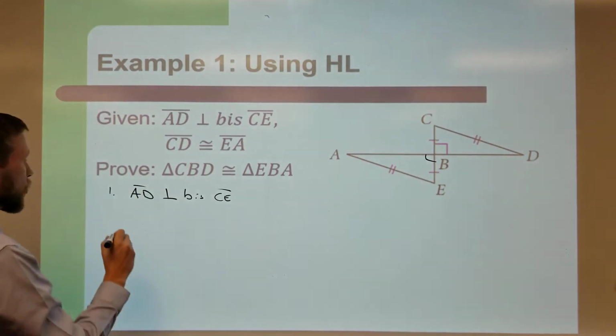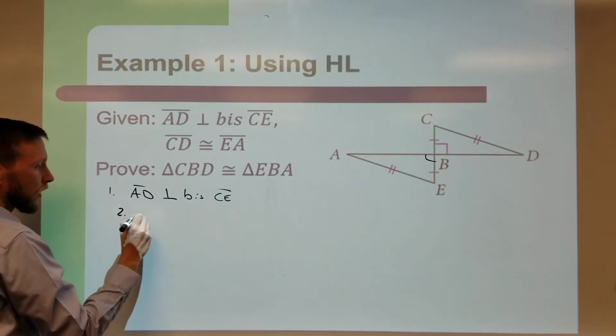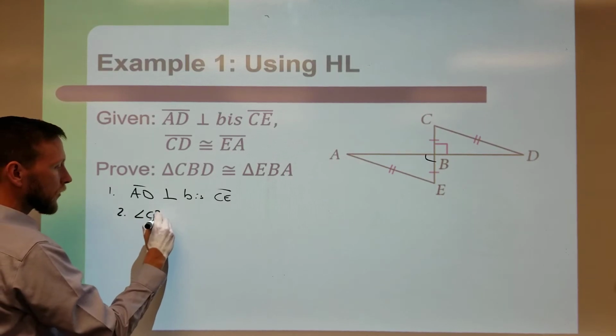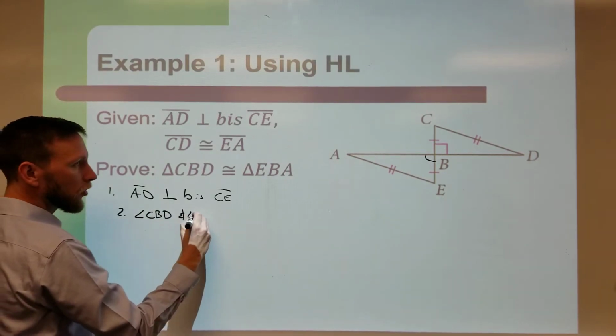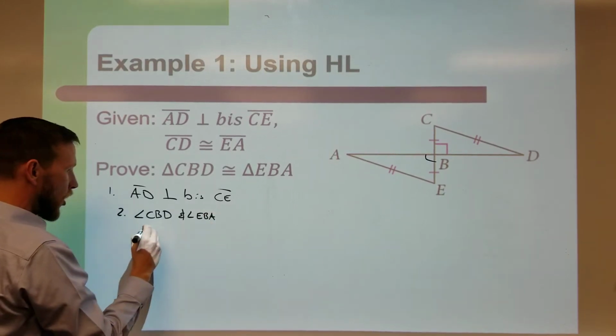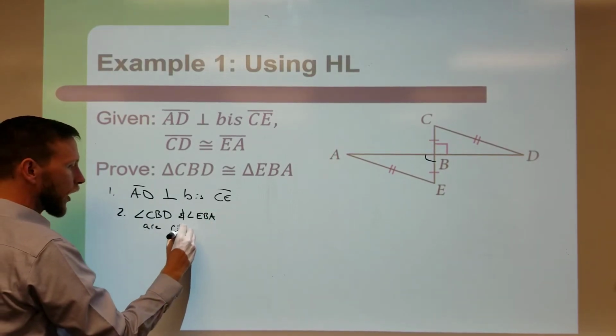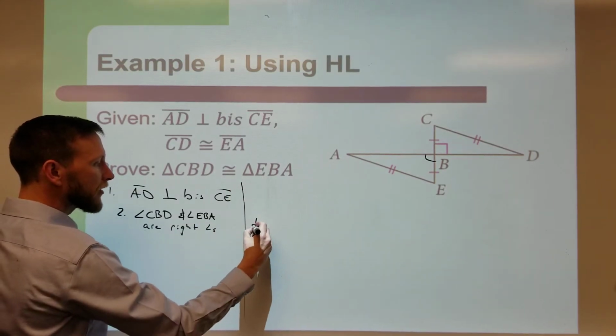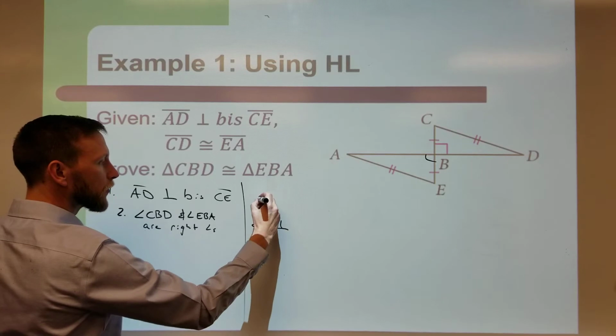All right, so I have two steps that are going to come after this. First, I'm going to say angle CBD and angle EBA are right angles. That is my next step because that's the definition of perpendicular.